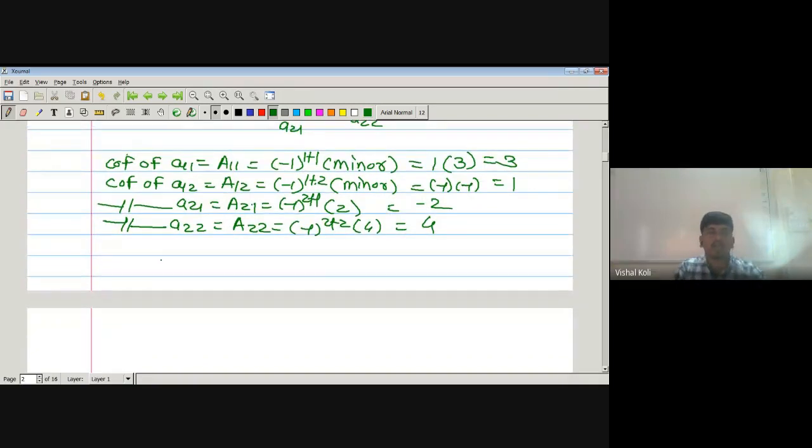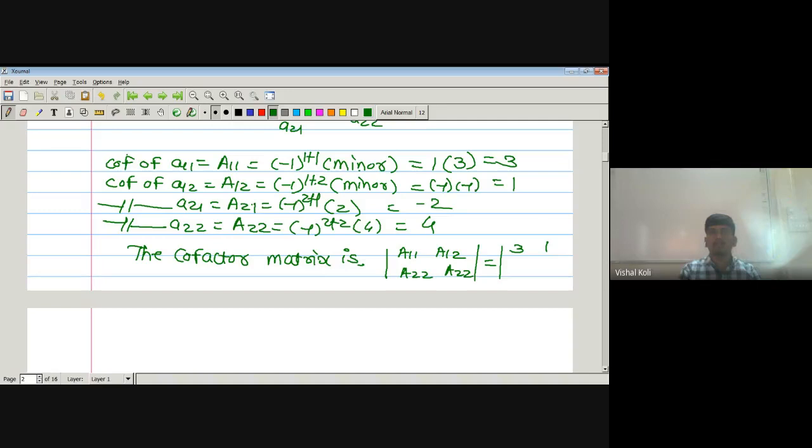Now we have to find the cofactor matrix. Therefore, the cofactor matrix is A11, A12, A21, A22, which is equal to A11 is nothing but 3, A12 is 1, A21 is minus 2, and A22 is 4.